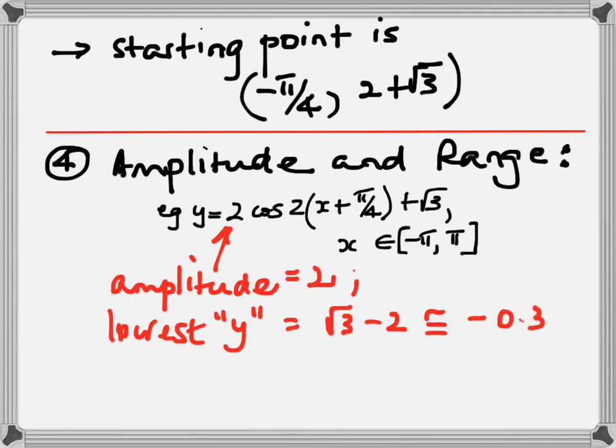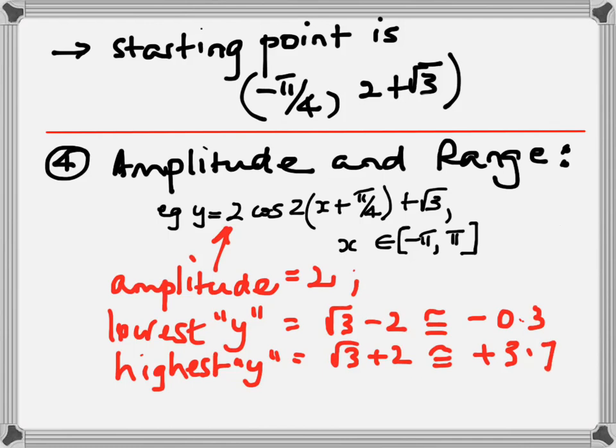Therefore the lowest value of y would be root 3 minus 2, because you've got to remember that the central axis now is y equals root 3, because that's how much we shifted it up from the x-axis. Make sense? And I've done a decimal approximation of that as well, because we have to know where it is for sketching purposes. And the highest y value, by the same procedure, gets us to plus 3.7. Well, that's pretty good now. We've got that sorted out.